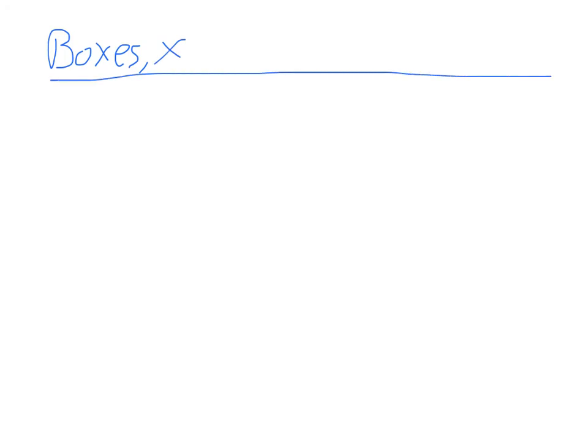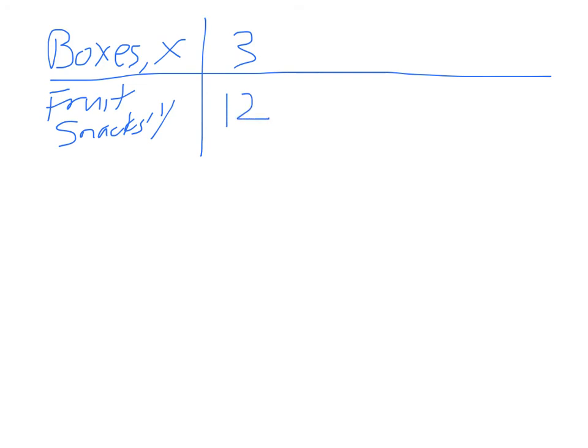Now, sometimes I might give you a chart. I might say boxes, which we're going to call X, and fruit snacks, which we're going to call Y. The table shows the number of small packs of fruit snacks Y per box X. For example, in 3 boxes there are 12 fruit snacks.